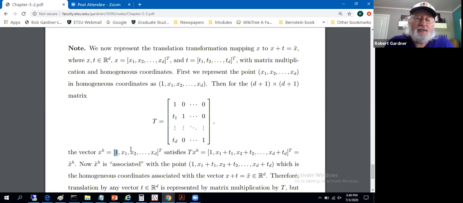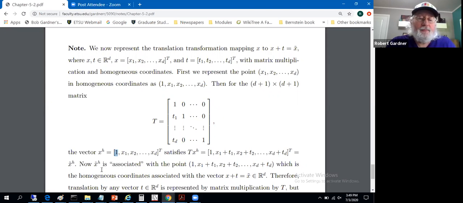The 1 hits the x sub 1, producing a 1 times x sub 1. We get x1 plus t sub 1, rearranging, and x2 plus t sub 2 up through x sub d plus t sub d, similarly. So we've taken this homogeneous vector and produced a new homogeneous vector. Let's call it x tilde h.